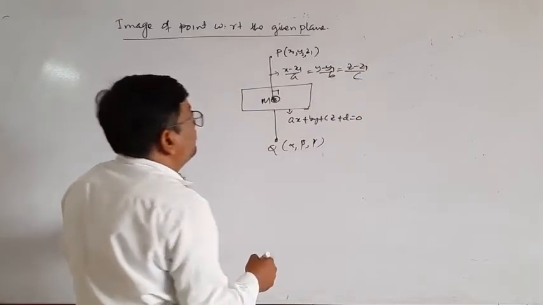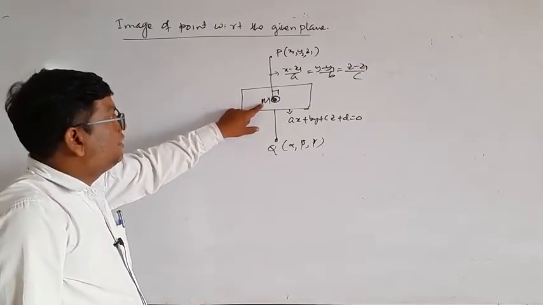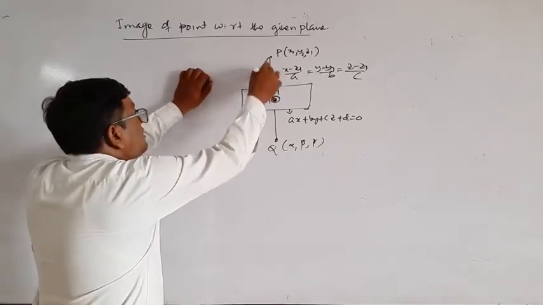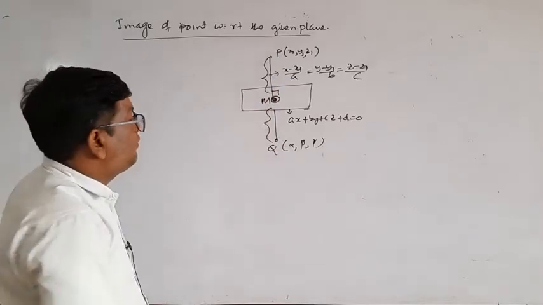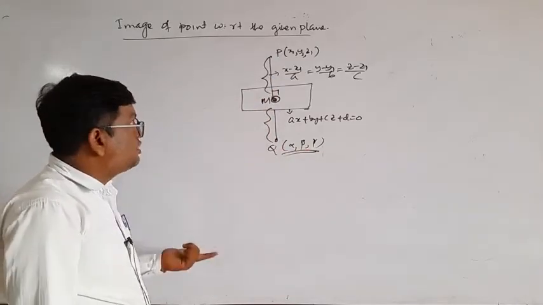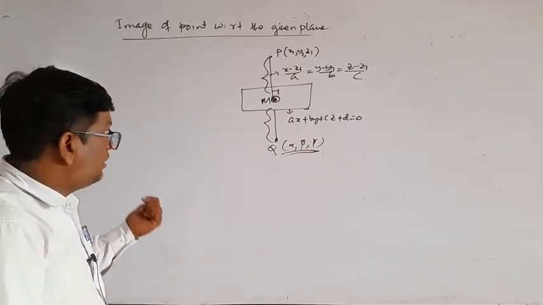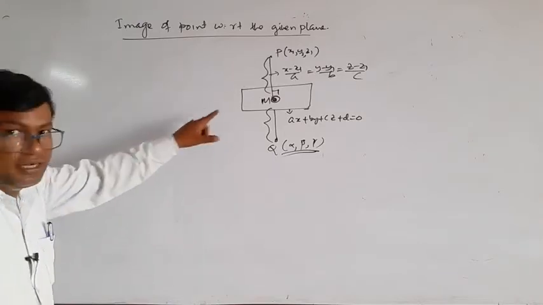Find the point of intersection, M. Here M is the midpoint; this distance is equal to this distance. Apply the midpoint formula and find the values of alpha, beta, gamma. This is the image. This is how to find the image of a point with respect to a plane. Let us discuss one question regarding this concept.